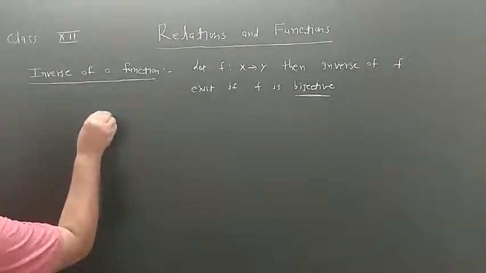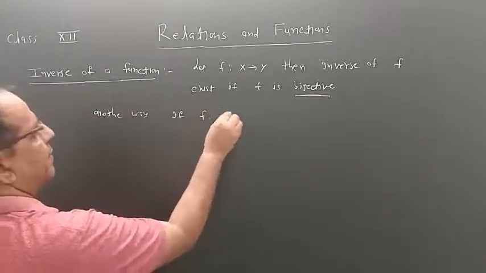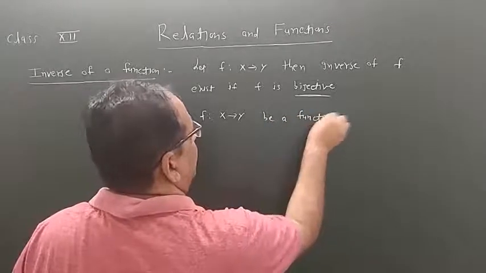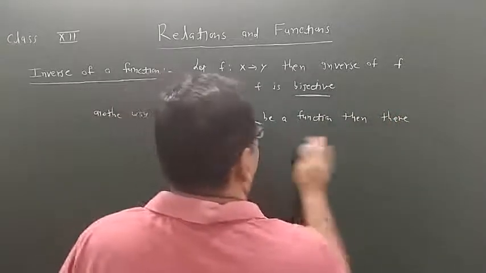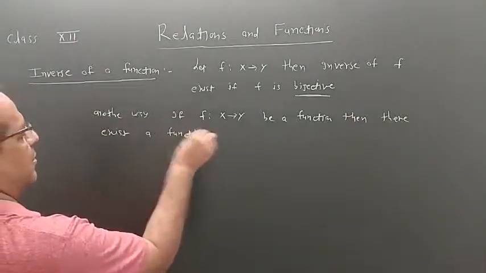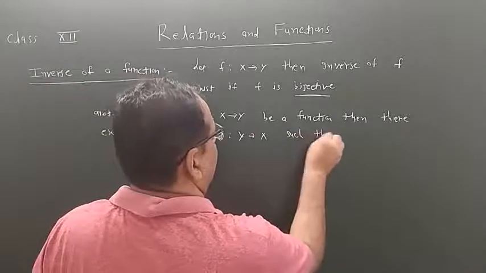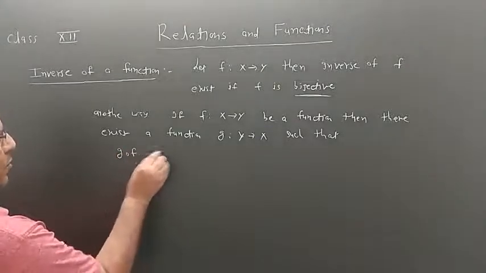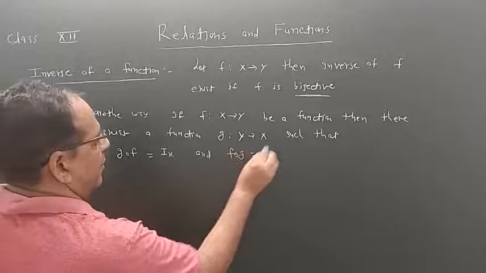In another way, if f from X to Y is a function, then there exists a function g from Y to X such that gof equals Ix and fog equals Iy.